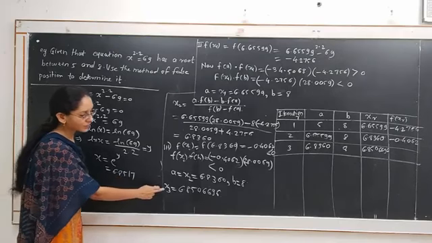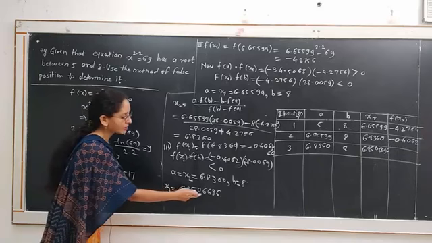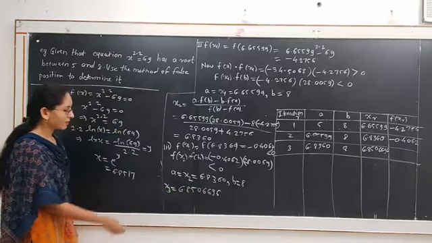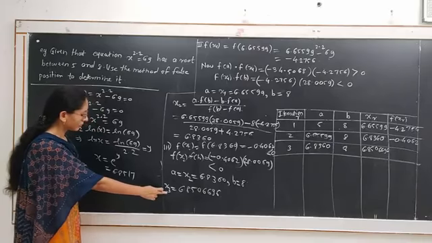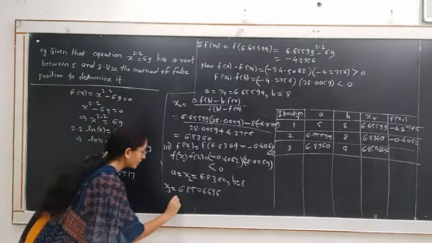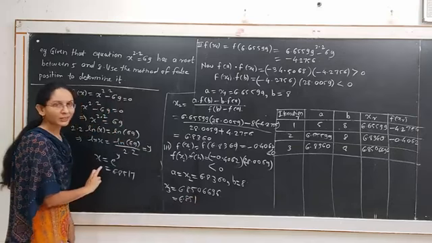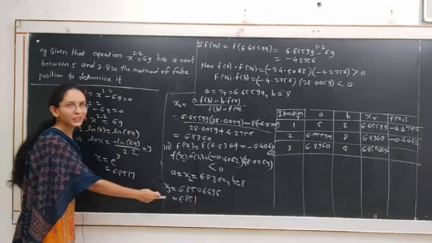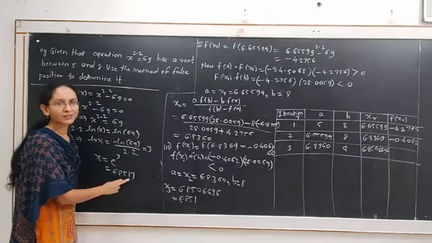In the third iteration, we have obtained the value of x as 6.850696. If we round off this number to 3 decimal places, we get 6.851. The exact root of the equation and the approximate root obtained in the third iteration of the regula falsi method are the same up to 3 decimal places.